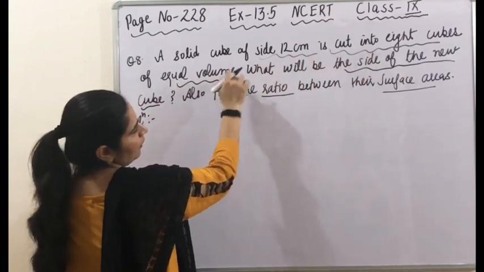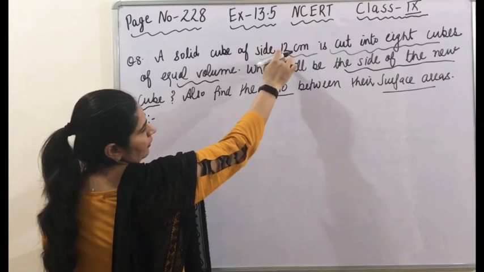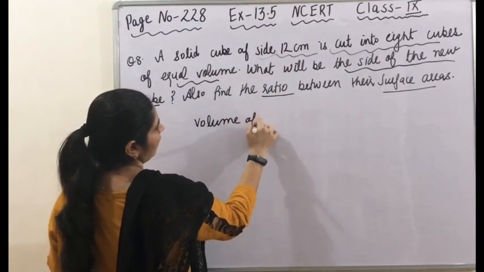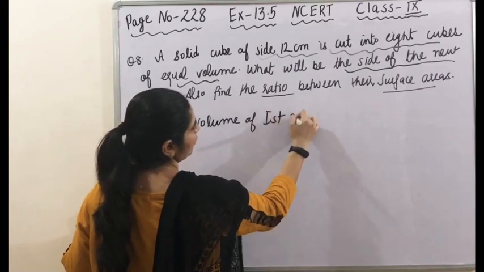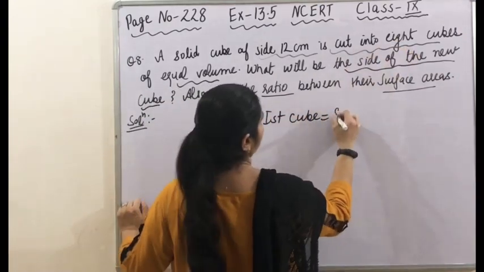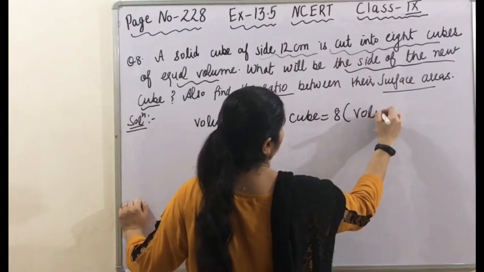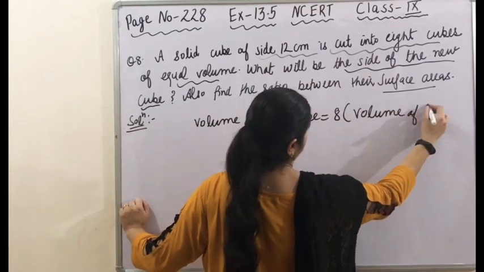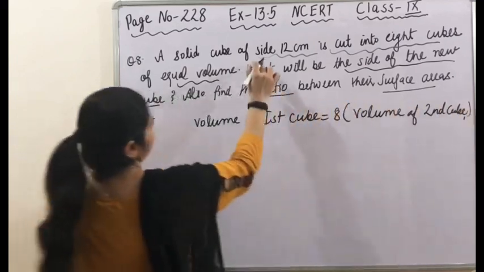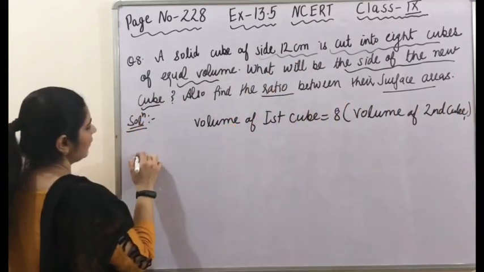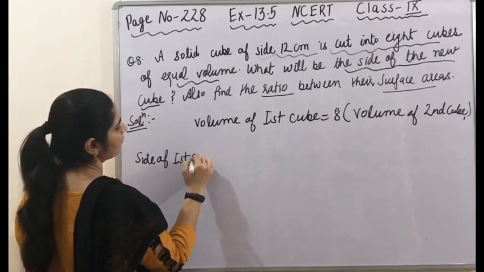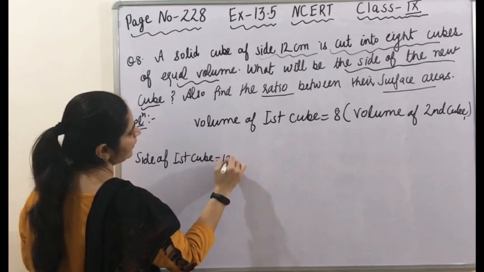In question 8, a solid cube of side 12 cm is cut into 8 cubes of equal volume. What they are saying here is that the volume of the first cube is equal to 8 times the volume of the second cube. Side of the first cube is given as 12 centimeter.